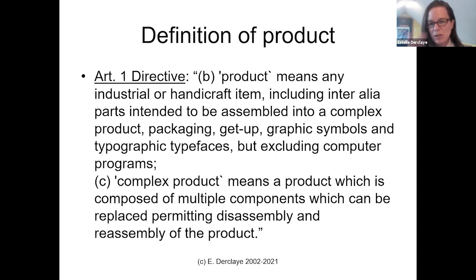It could be made by a machine, and includes, for instance, parts to be assembled into a complex product. It can include packaging, get-up, graphic symbols, typographic typefaces, but it doesn't include computer programs. They are protected by copyright law. And then it explains to you what a complex product is: something that can be assembled and disassembled with different components and can be basically repaired. So it's a design of a product, and it's very broad.